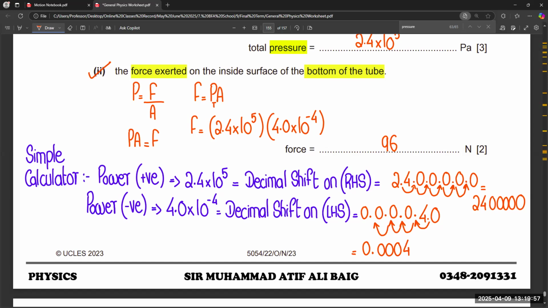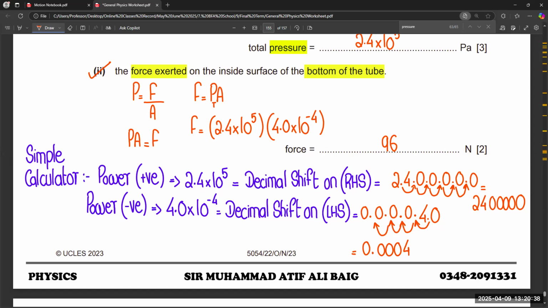In this way, you can convert your values into simple notation and then calculate with the help of a simple calculator. If you have a negative power given, you have to shift the decimal according to the number in the power to the left-hand side. And if you have a positive power given, you have to shift the decimal by the same number to the right-hand side. This is the way to convert values into simple notation and find the answer by using a simple calculator, right?